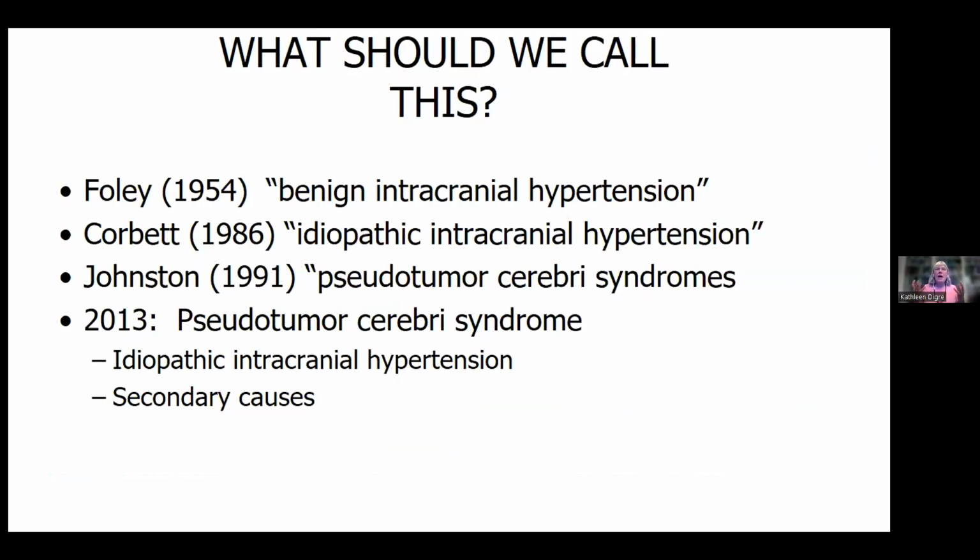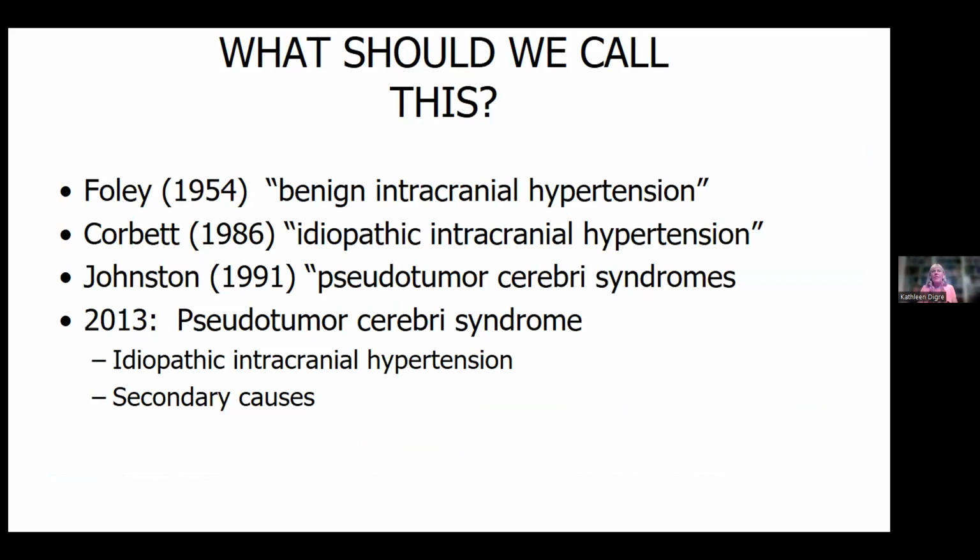So she's got what we've come to know as idiopathic intracranial hypertension. It used to be called benign intracranial hypertension, but it is not a benign disorder. And so it's lost this name, benign intracranial hypertension. Idiopathic intracranial hypertension just means this is primary intracranial hypertension.